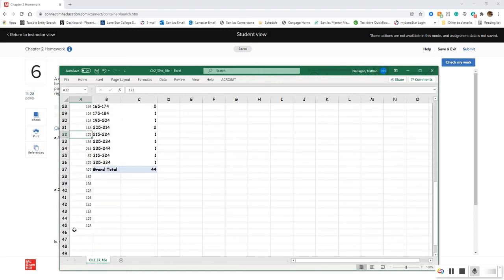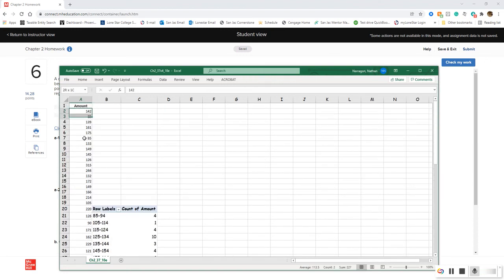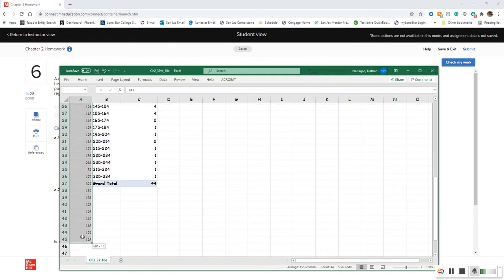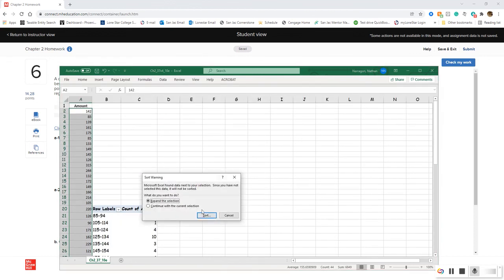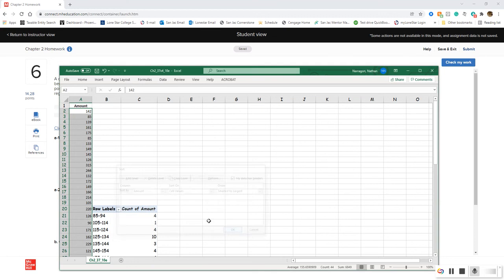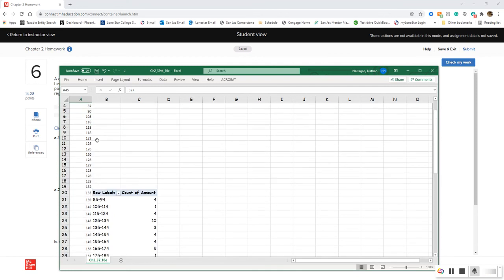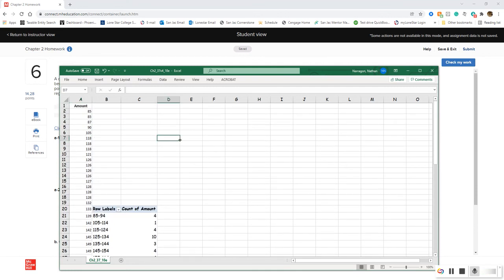Again, I'm going to cancel that out. We'll go ahead and sort this, which is actually 327 is our highest, 85 is our lowest. So again, we're going to figure out the interval.